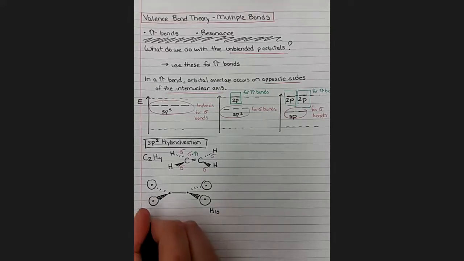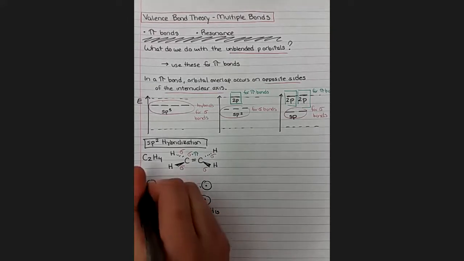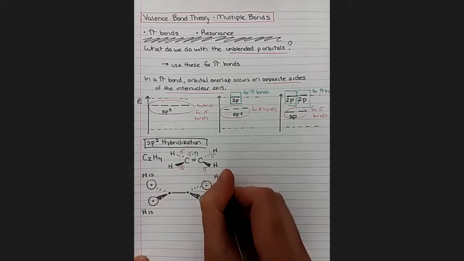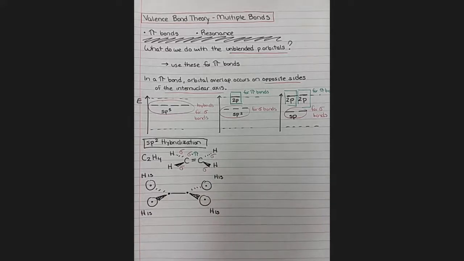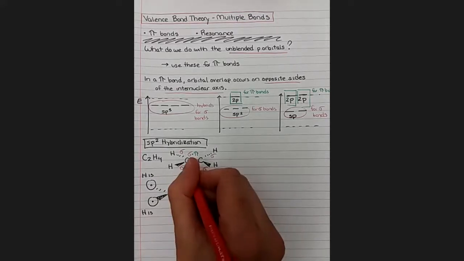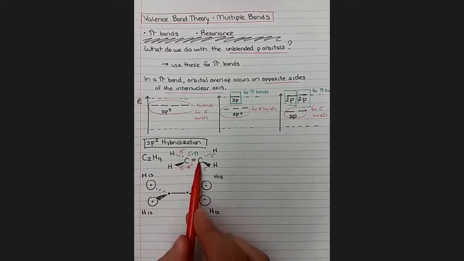It only has a 1s orbital. And then we'll use two different colors for the carbons, a red one for the left one and green for the right one. And so these carbons are sp3 hybridized. Sorry, sp2 hybridized, because they're bonded to three things.